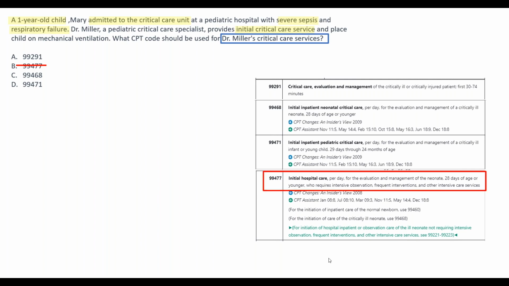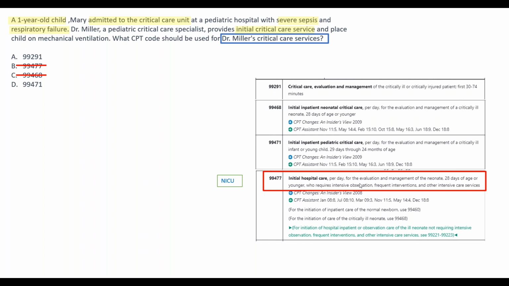Yes, that is for intensive neonate services, given to a neonate 28 days of age or younger. So option B is incorrect.